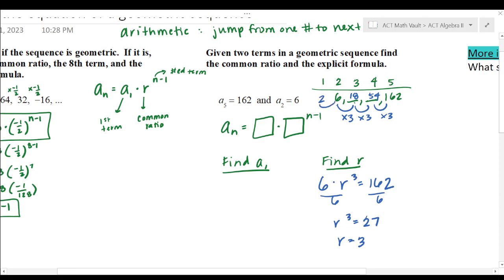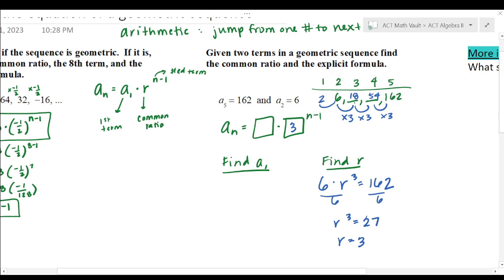I can backtrack that. But let's say these numbers that we were given are just crazy high. They're a sub 48 and a sub 62. You can use the formula, this formula, and plug in one of the givens. So let's try that. I'm going to show you that in case your numbers are big. So you would use this r, now it's 3. We know that.